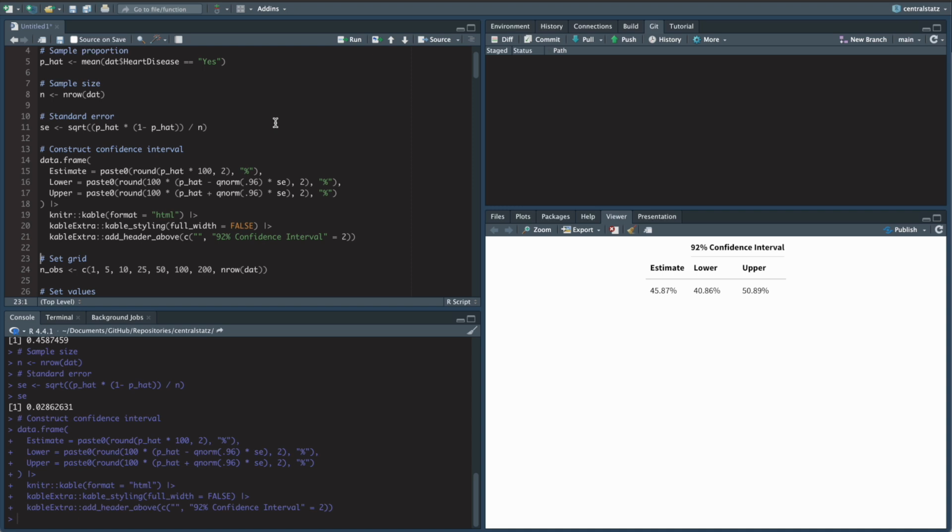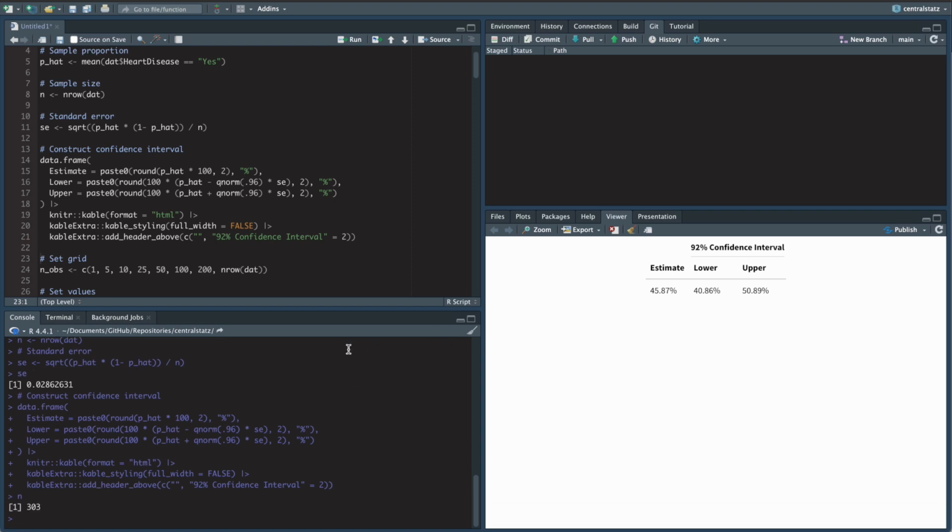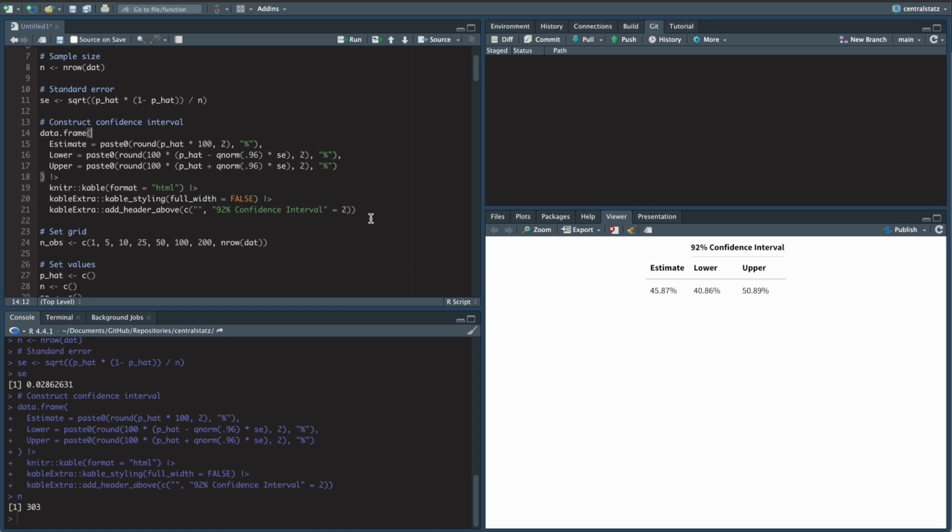Based on this sample of 303 patients, we're estimating that the true proportion of those with heart disease is somewhere between 41 and 51%, with a point estimate of 46%. And that's the frequentist approach using the normal approximation.